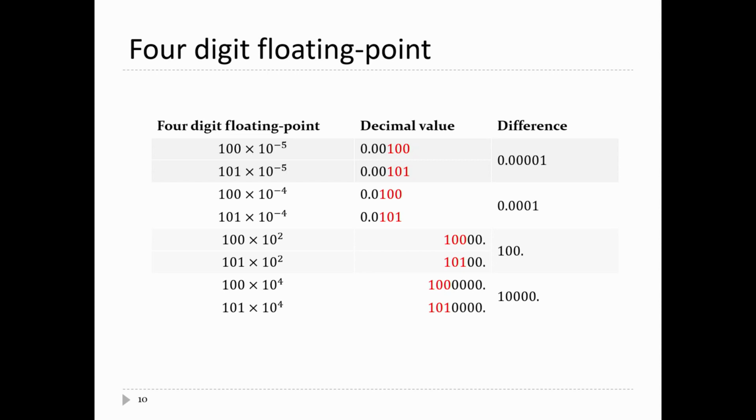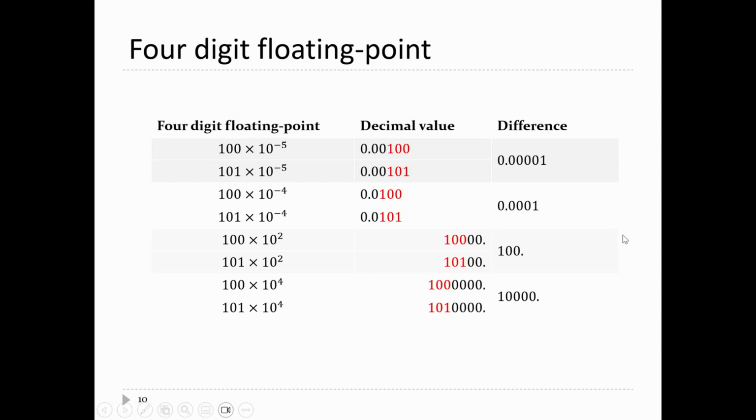If you increase the exponent to 10 to the power 2, then the smallest number you can represent using the exponent 2 is 100 times 10 to the 2. That's 10,000. The next largest number is 101 times 10 to the 2. So that's 10,100. Now look at the distance between two numbers. It's 100. I can represent 10,000, I can represent 10,100, but I can't represent any number in between.